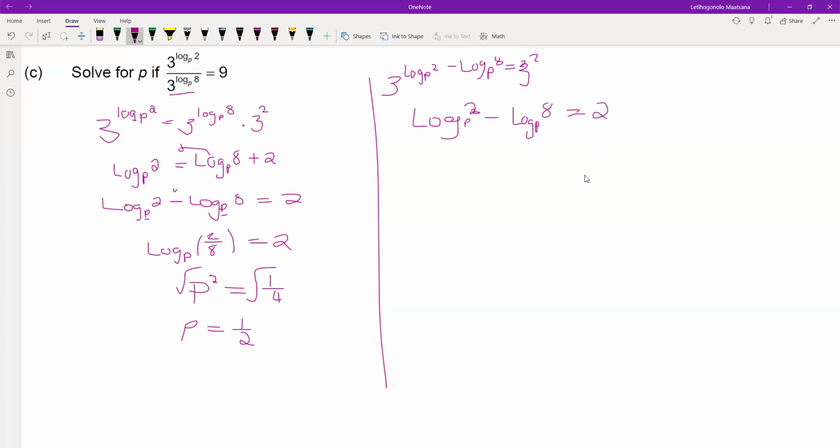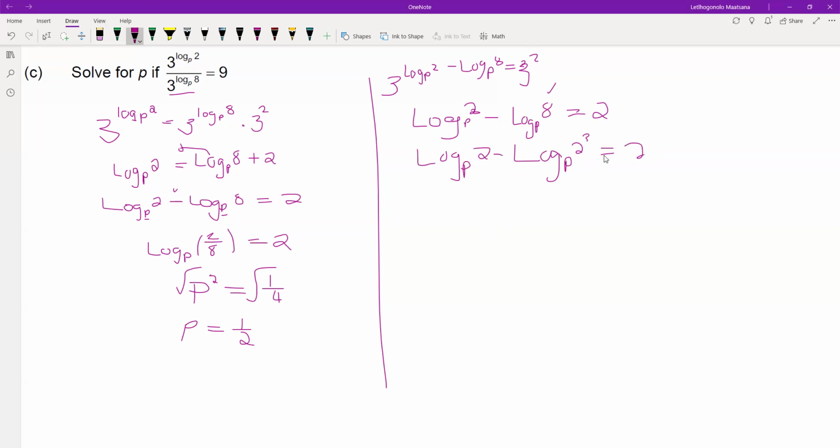And from there on, we will change that 8 to become log base P of 2 to the power of 3. So log base P of 2 minus log base P of 2 cubed is equal to 2.